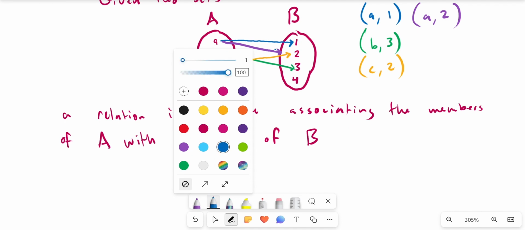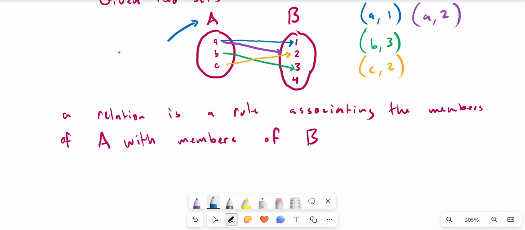So these elements here, we would call this the domain. And B is not the range, it is the place where the range lives, right? The range is just the values of B that get used, so just these guys here, not the 4.